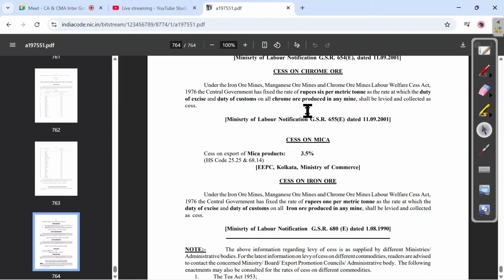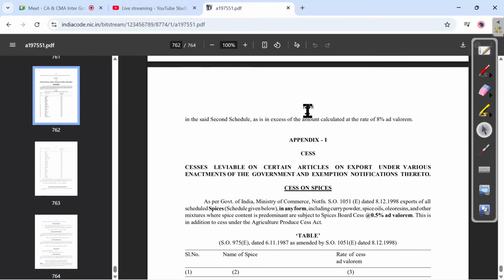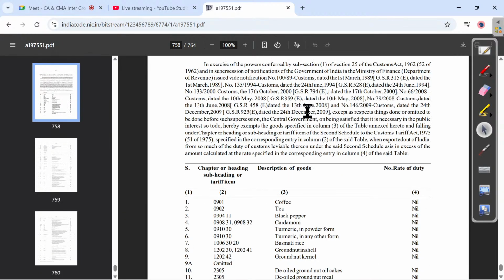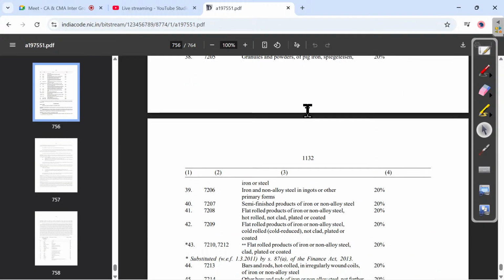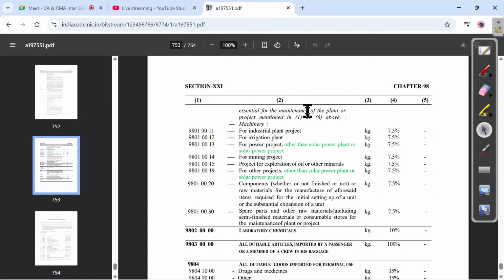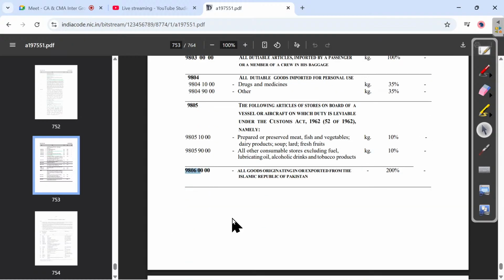So how many chapters we have? 98. Is that okay?